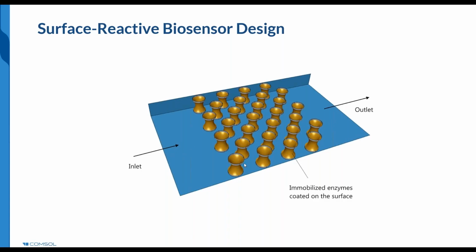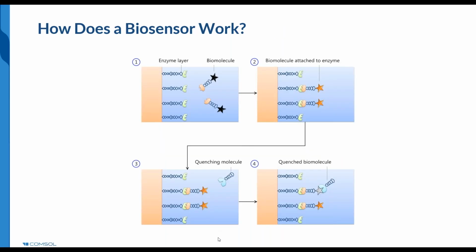The enzyme is immobilized and attached on our gold surfaces here, and because it's an enzyme, it can only attach to the biomolecules which we're interested in detecting. In this biosensor, the biomolecules are absorbed onto our enzyme-coated pillars, where they can then be measured, for example, by another detection method. For instance, we might have fluorescent detection.